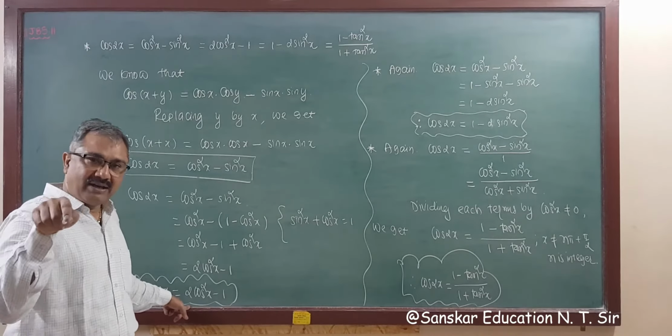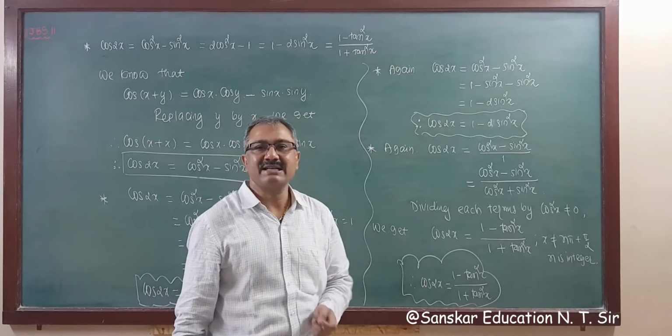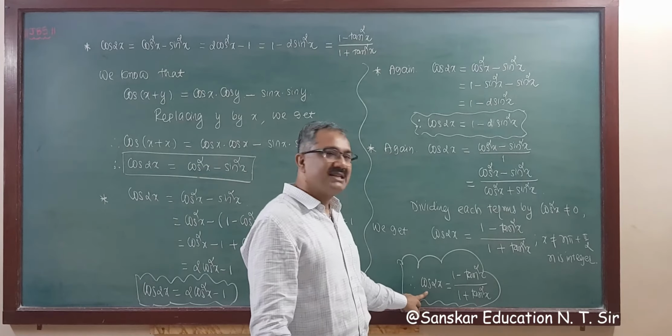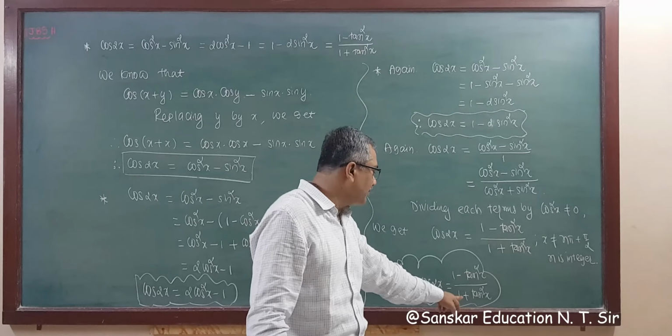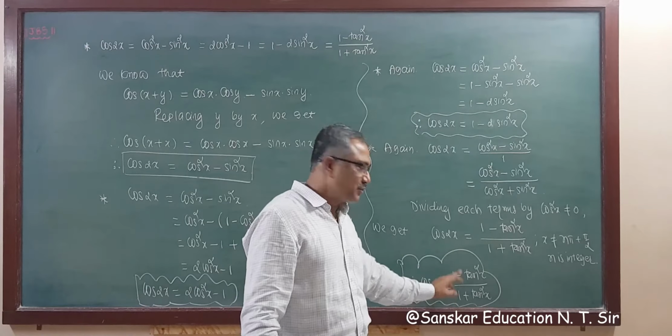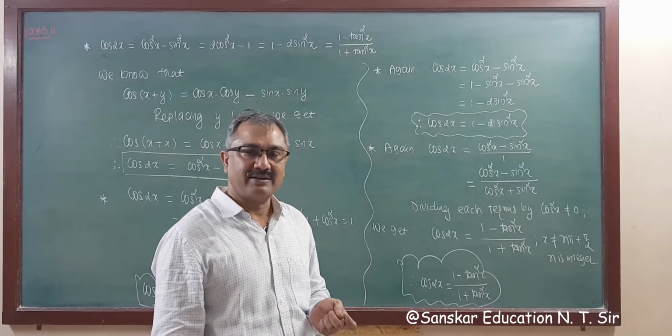And in terms of tan, the formula of cos 2x is 1 minus tan square upon 1 plus tan square. Sometimes students remember this formula as cos 2 theta or 2x is 1 minus t square upon 1 plus t square, where t is tan x.